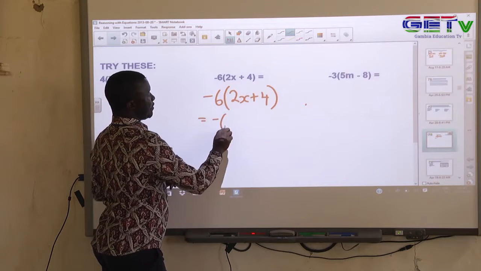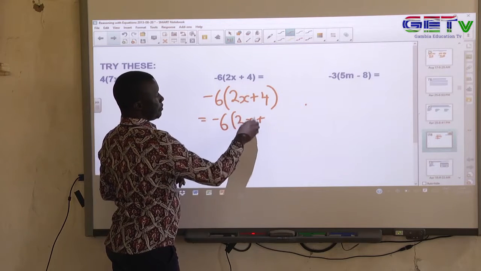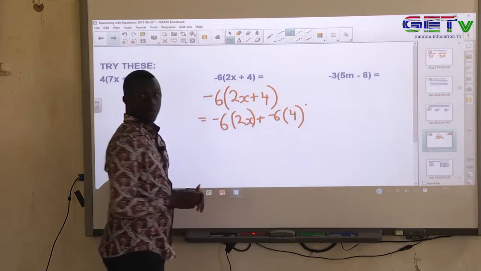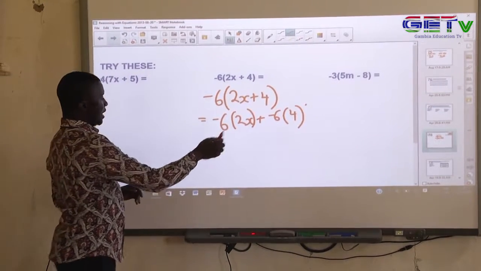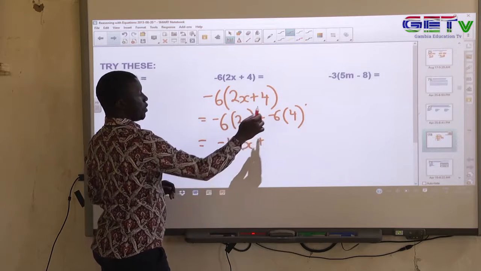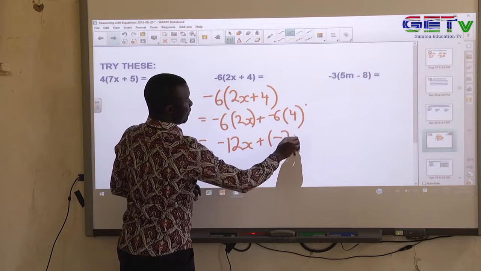This is equal to negative 6 times 2x plus negative 6 times 4. Negative 6 times 2x is negative 12x plus negative 6 times 4 is negative 24.